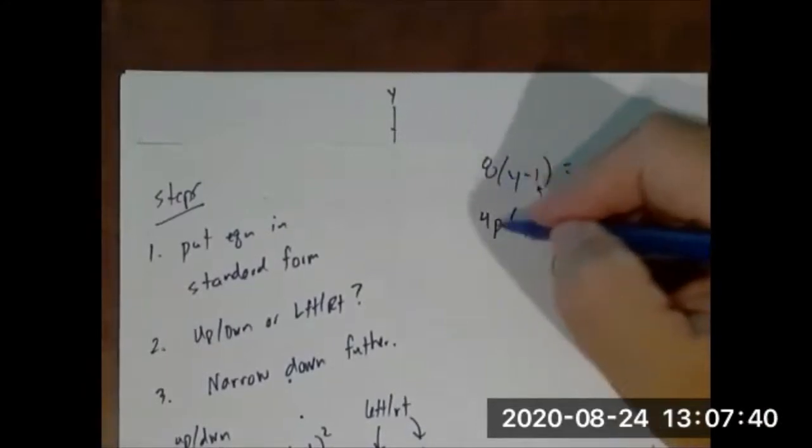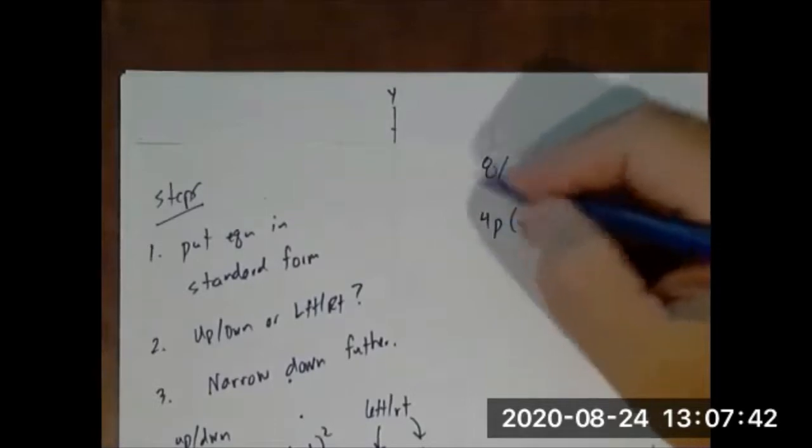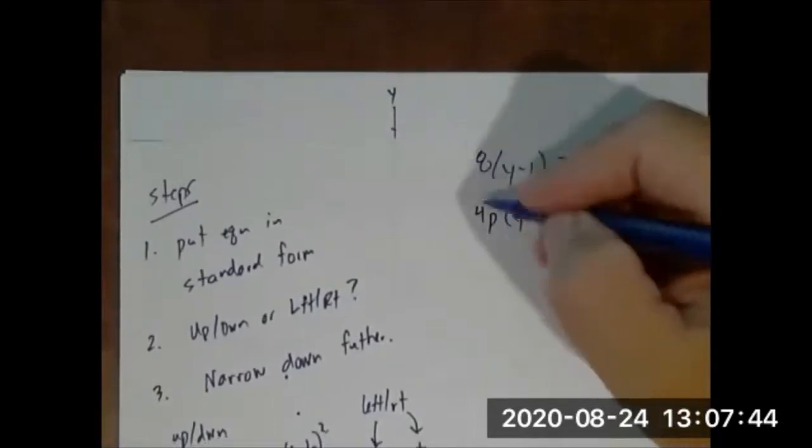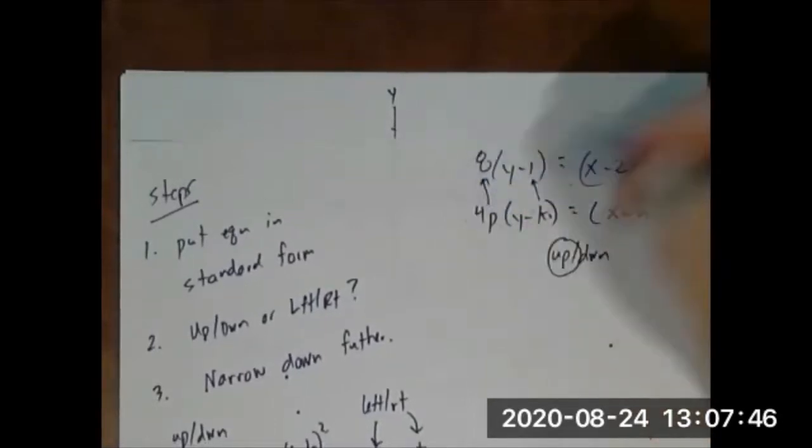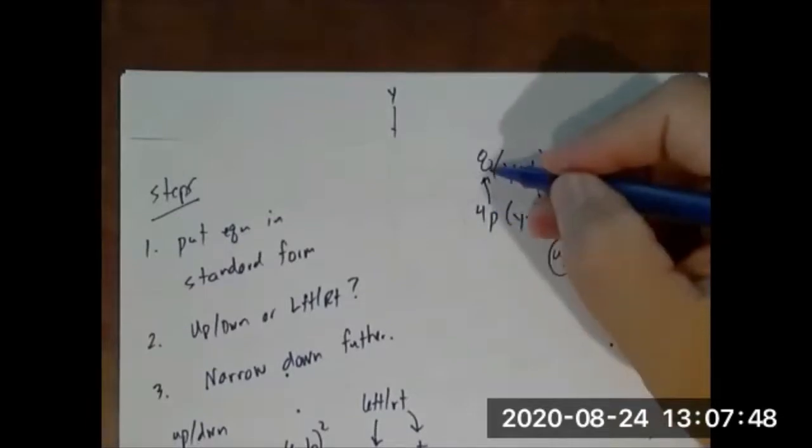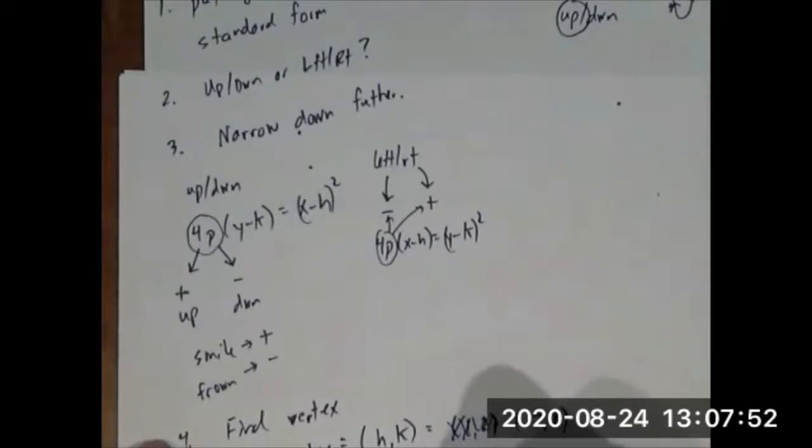Hopefully you can see 4P equals whatever number is in front of this parenthesis here. 4P equals 8, very simple, which means P has to be 2.